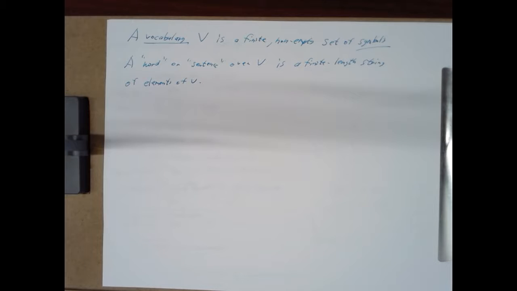It's a collection of symbols. A sentence over V is just a finite length string of symbols from that vocabulary. You could have repeats. That's fine. And you could also have a word or a sentence of 0 length.